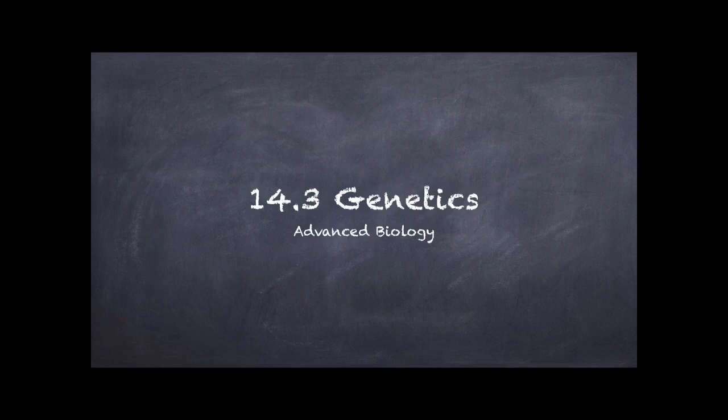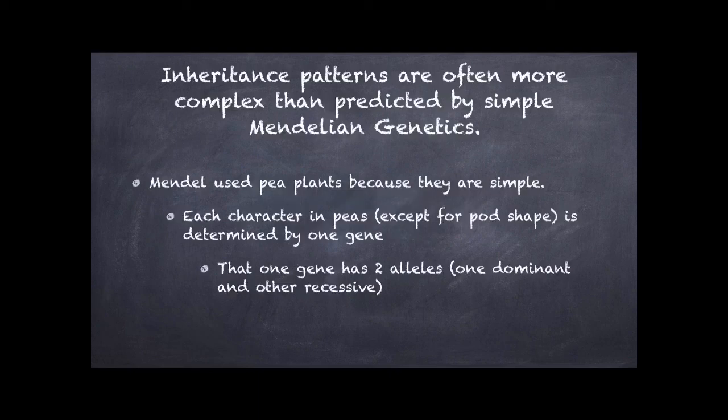But what happens when we have more than one gene that affects a certain trait, like height or skin color? It's going to be a very interesting chapter. Please follow along, take good notes. And if you have any questions, always feel free to email me.